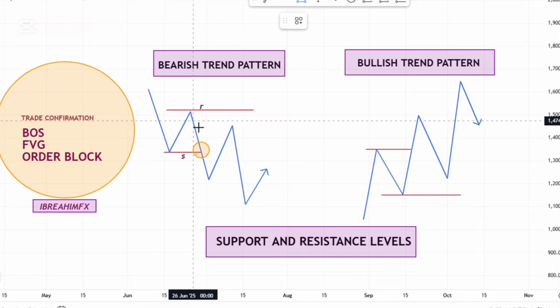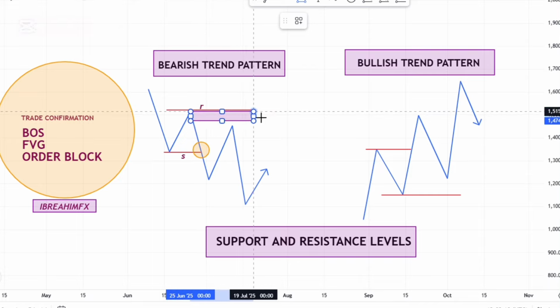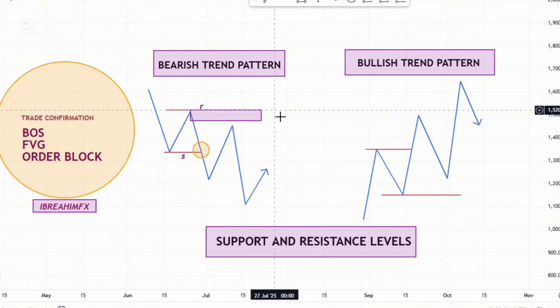As a trader, you need to understand what is order block and what is fair value gap. If you don't know what fair value gap and order block mean, I've explained that in my previous video. Check my channel for the fair value gap and order block strategy. I explain everything in detail.